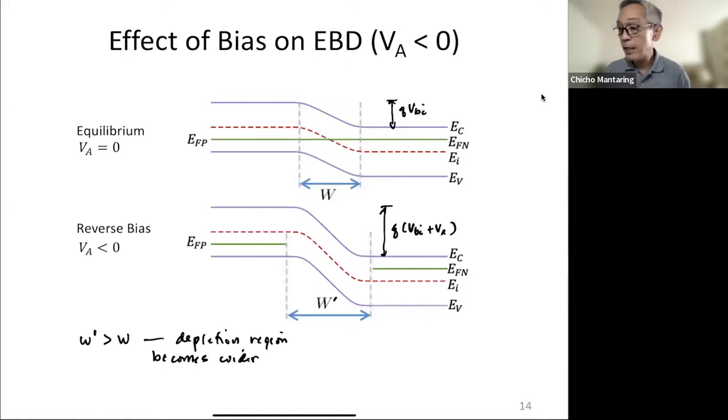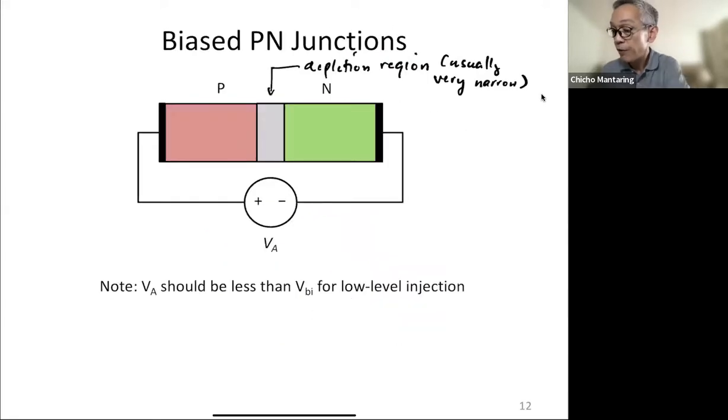And it's easy to imagine this. If VA is negative, in other words, this is positive with respect to this, then I'm going to be attracting my electrons to the right, and I'm going to be attracting my holes to the left, because this is going to be negative and this is going to be positive.